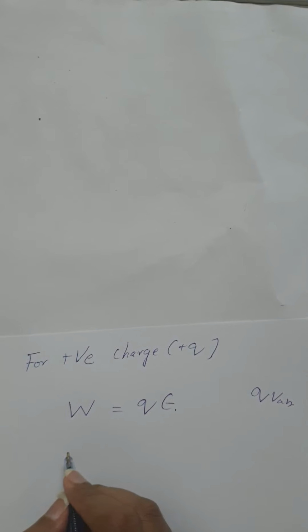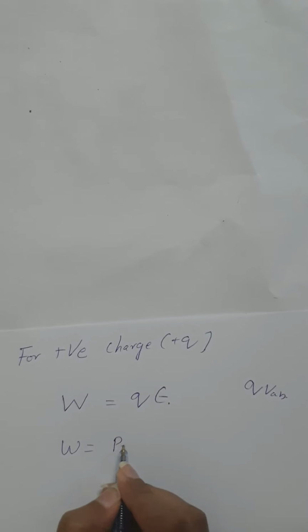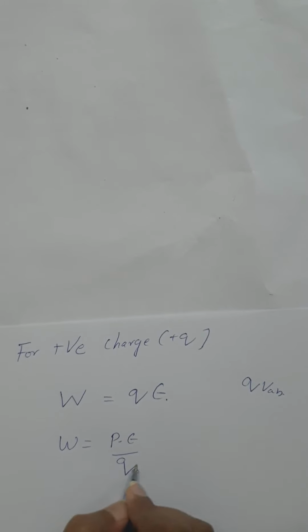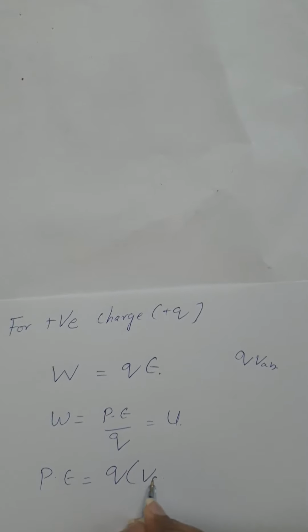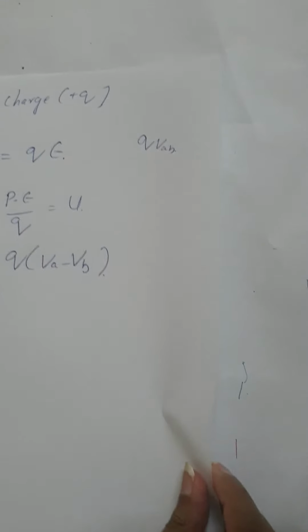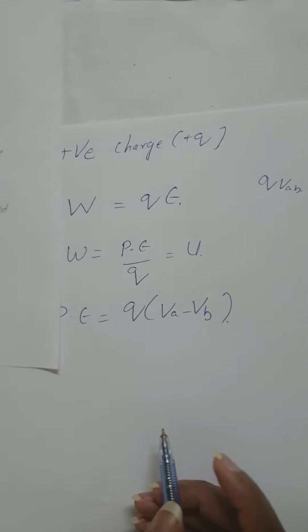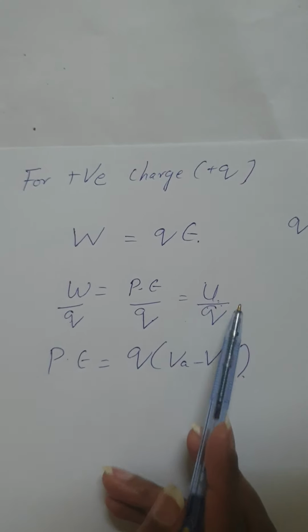We know work is equal to potential energy, U, or potential energy is equal to Q into (Va minus Vb). So work divided by Q is equal to the potential difference.